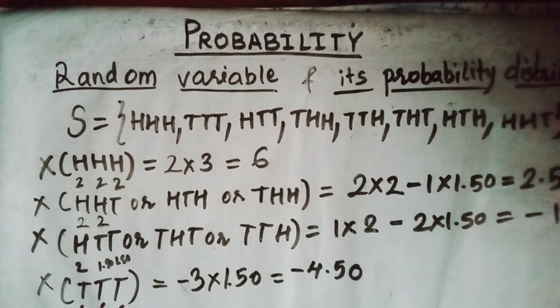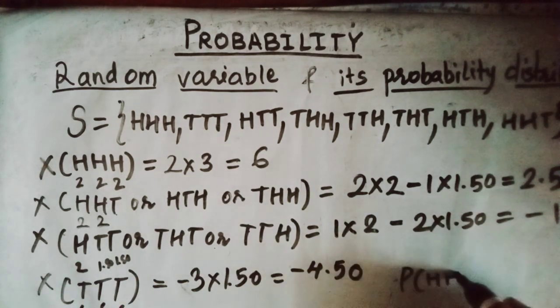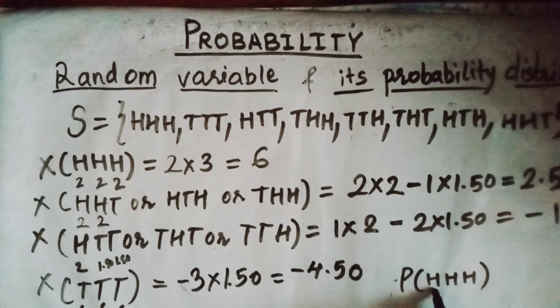So these are the values of the random variable. And then you have to find the probability. I'll just write the probability of HHH. For the first head it is half, for the second head it is half, for the third head it is half. So half into half into half is 1/8.